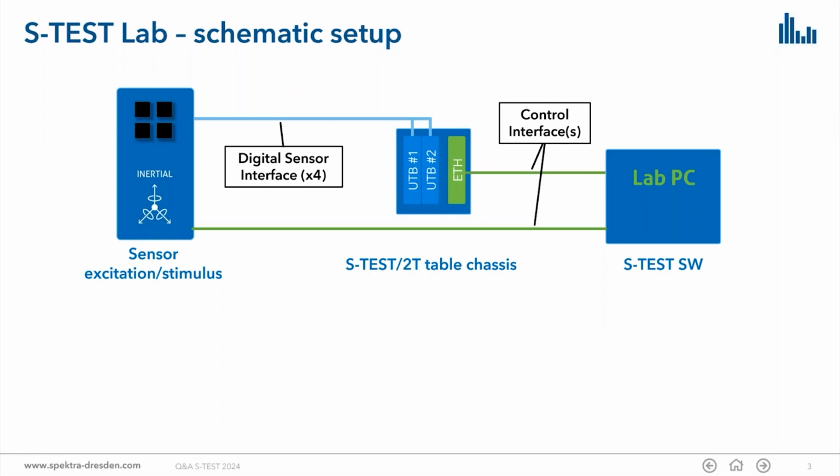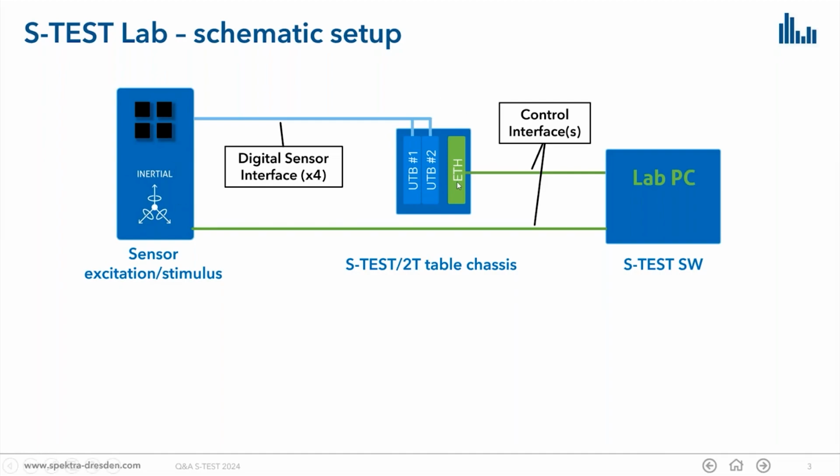So normally you have a lab PC, anything that runs the software. Then you have control interfaces that on one hand control the sensor stimulation. Here in my schematic diagram, this is an inertial sensor stimulus, like a vibration exciter, for example. And then this is the box here on the left side.